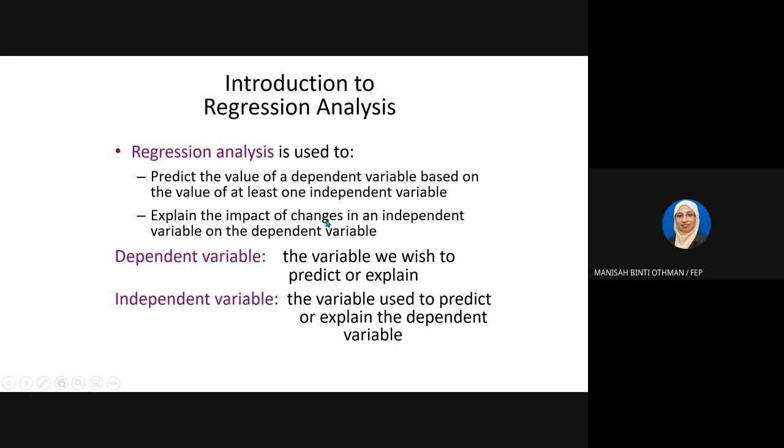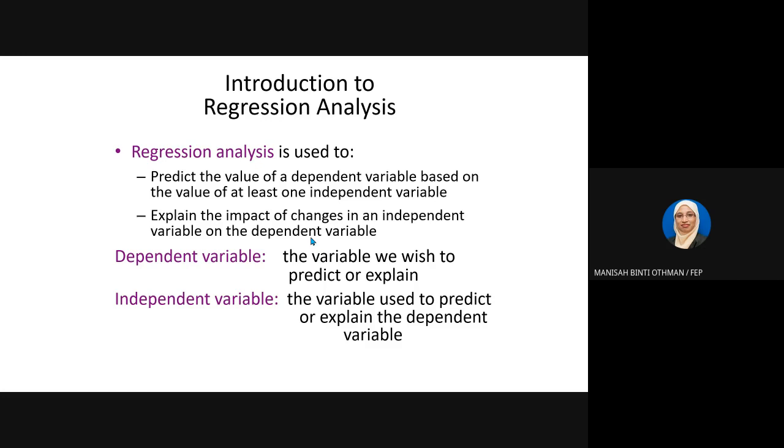Remember that in a regression we have two variables. First, there are two different types of variables. One is the dependent variable and the other one is the independent variable. In simple linear regression we have only one independent variable.